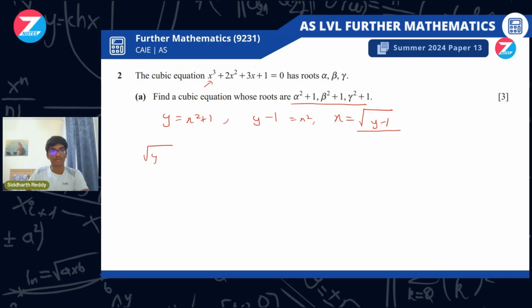So we have the square root of y minus 1, cubed, plus 2 times the square root of y minus 1, squared, plus 3 times the square root of y minus 1, plus 1 is equal to 0.